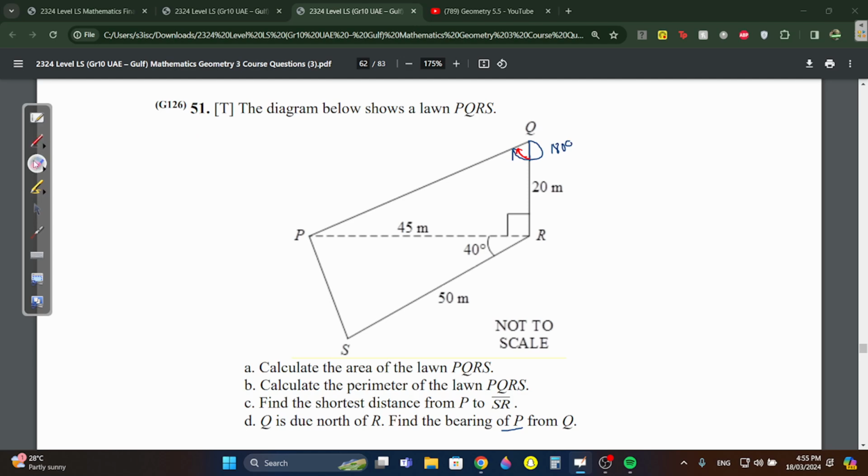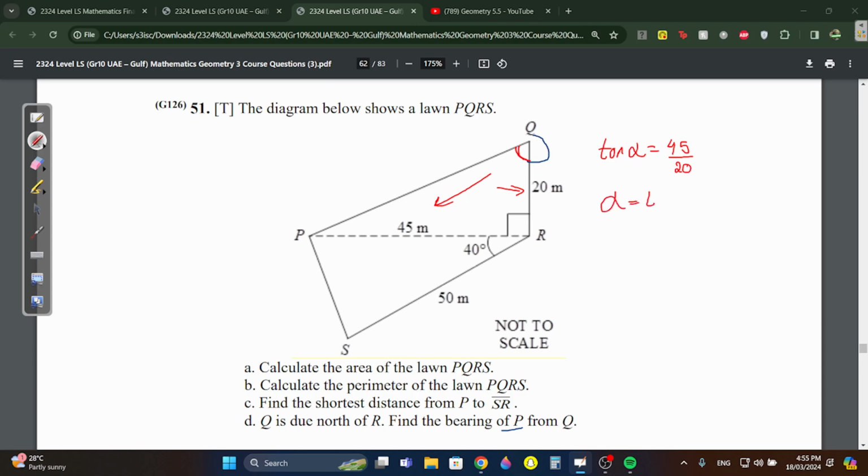To do that, it's basically like saying I'm trying to find the angle over here. The bearing from Q goes here. The blue part's obviously 180, and then plus the red part. How can I find the red part? I can do tan, because I have the opposite side and the adjacent side. The tan of this angle equals the opposite, which is 45, over adjacent, which is 20.